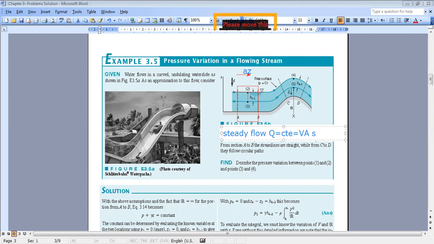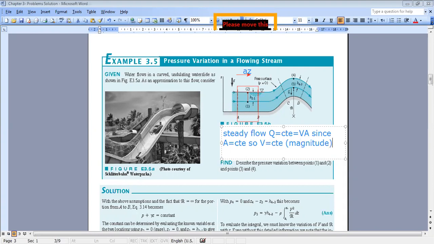Since the cross-sectional area A is constant between these two parts, I can say that V is also constant. And it's not constant only in magnitude, it's also constant in direction, because, as you can see, your streamlines are moving along straight lines.